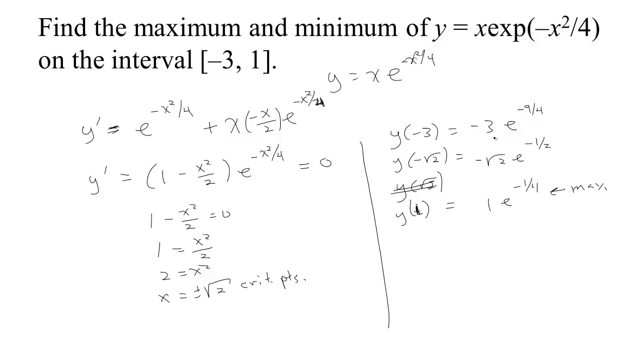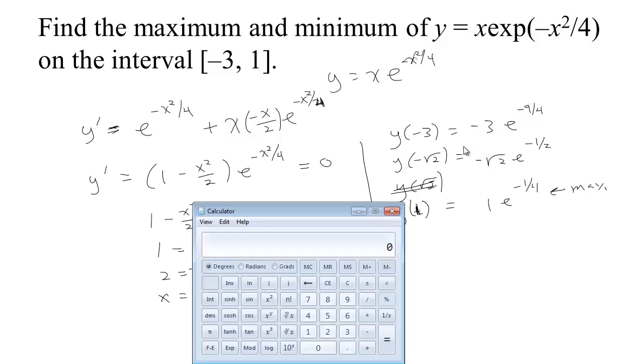What we could do is use our calculator to compute what these values are. So let's take 9 divided by 4, and we'll use the plus minus key to make it negative. Then we'll figure out what e to that number is. I got my ln, I had the inverse.